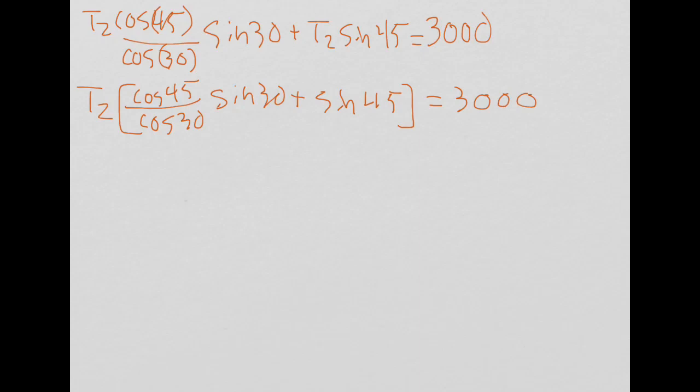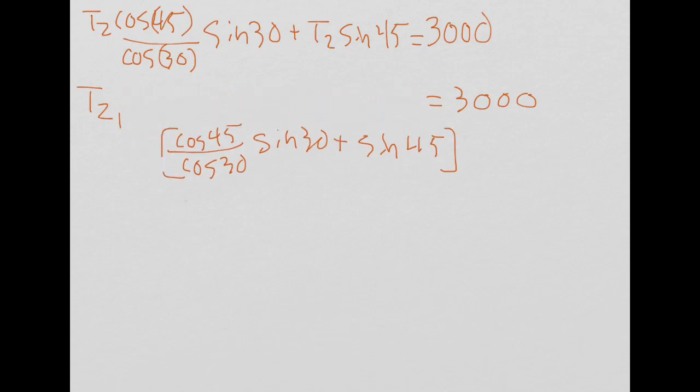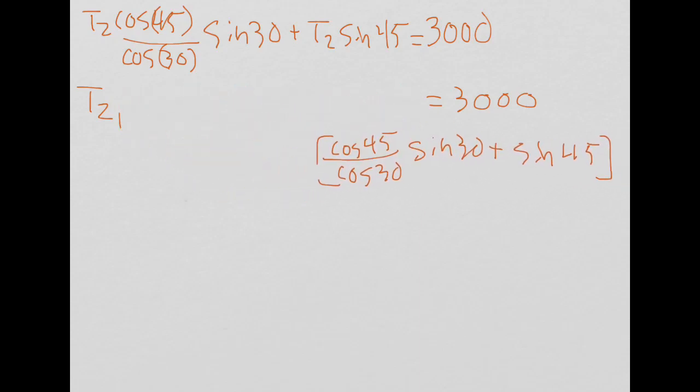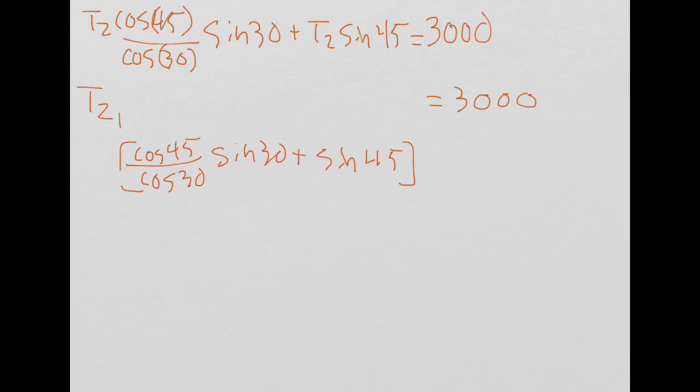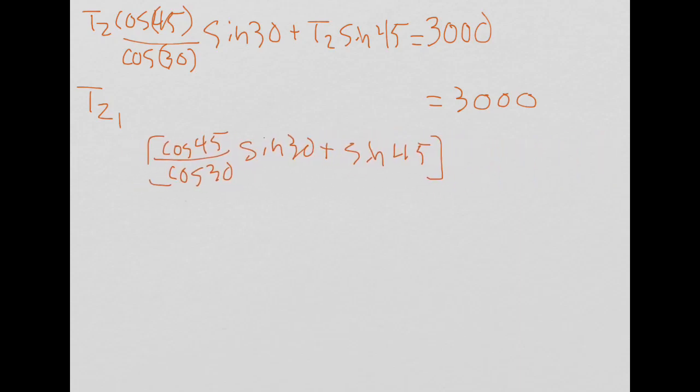So to get T2 by itself, you have to take this whole big mess and divide 3,000 by it. I'm going to cheat and be lazy since I am on a computering device, and just move this stuff around and save myself some work. Divide 3,000 by all of that.